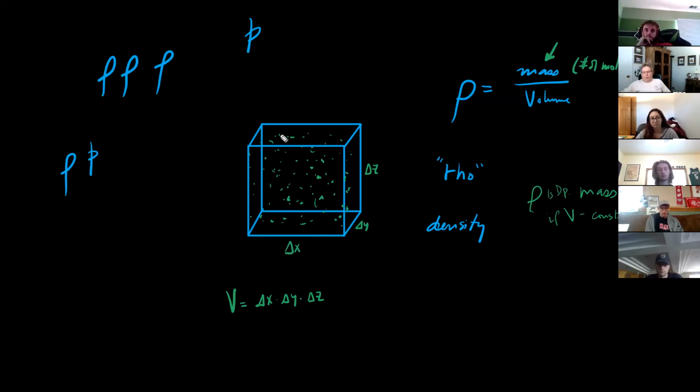Okay, let's do this. What's the relationship between mass and volume? Directly proportional. Describe it. If density is constant.